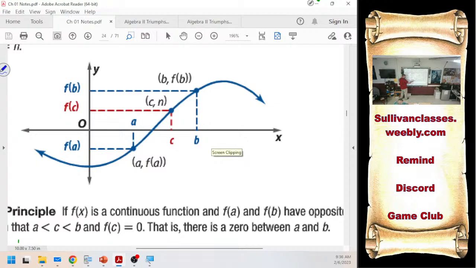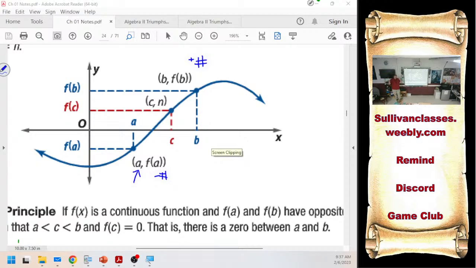So I go to my ask and I put in this number and it tells me negative number. Then I go to this number. I say when x equals 5, and it comes out with a positive number. What had to have been in between there? I went from negative number to positive number. 0 had to be between there, right? That's the intermediate value theorem.